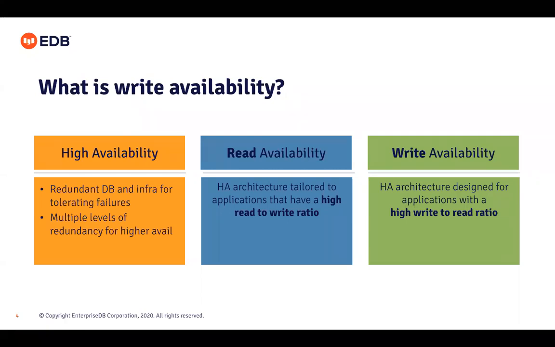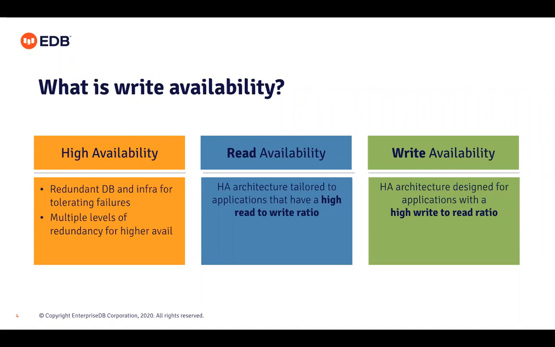Conversely, with write availability, it's flipped. We're talking more about applications that do a lot more writes. That's inserts, updates, deletes, that activity that causes not only activity in the database server, but also down to storage and making sure things persist. So there's some slight tuning that we might need to do for that.